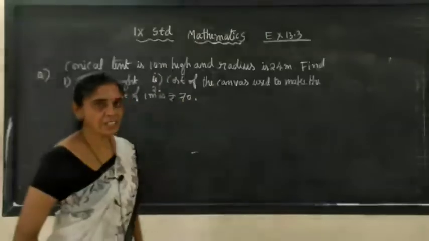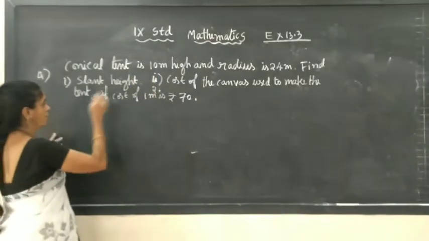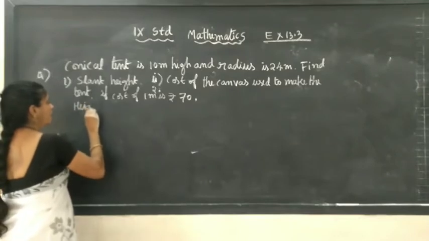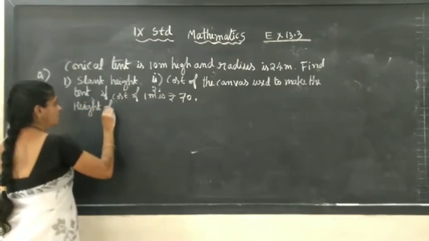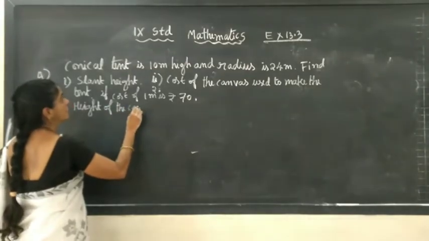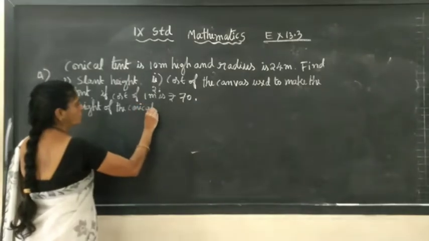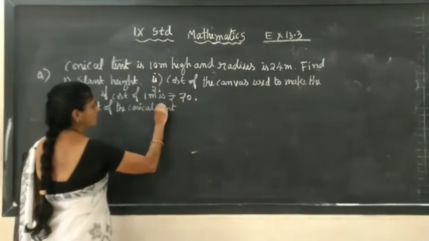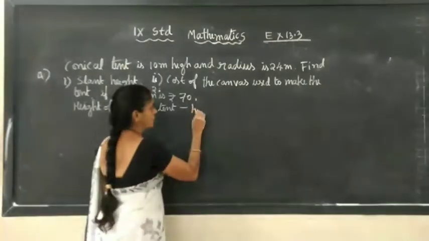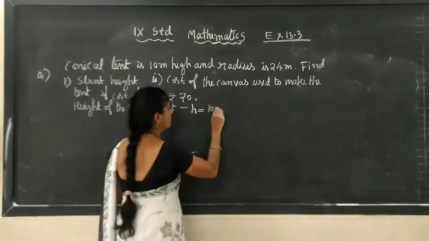Now how to find the slant height? First we will write what are the things given. Height of the conical tent. Conical means tent with the shape of cone. What is the symbol for height? Small letter h. H is equal to 10 meter.